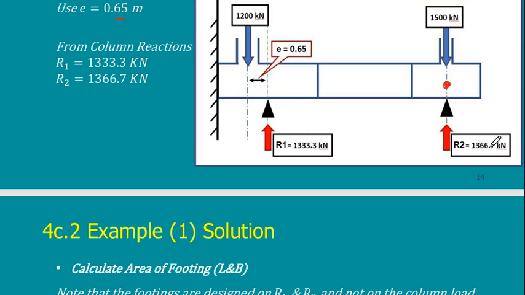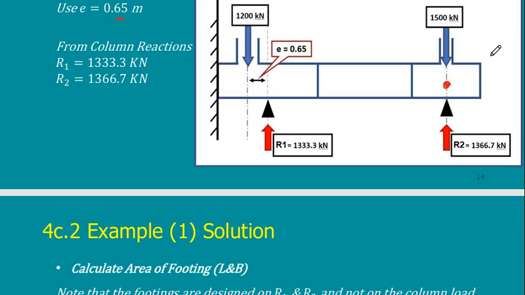I'm going to use them in my design. I'm going to design a footing here, and a footing here. Once I design these footings, the remaining is normal isolated footings. I don't have any problem in this design.